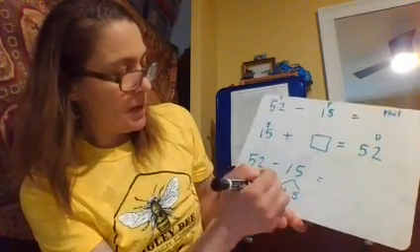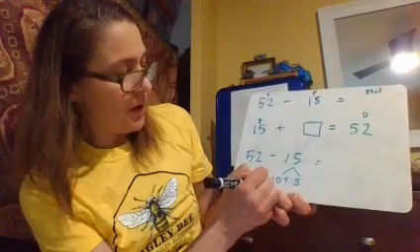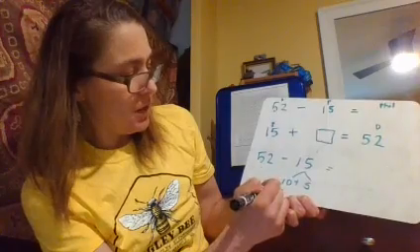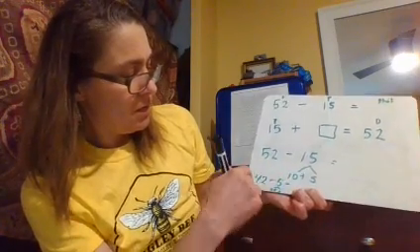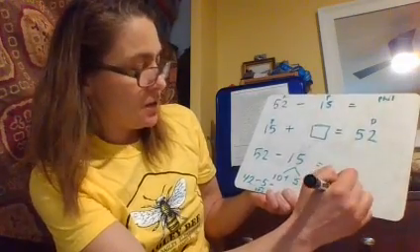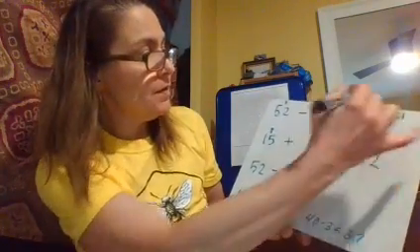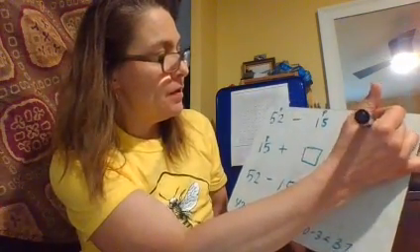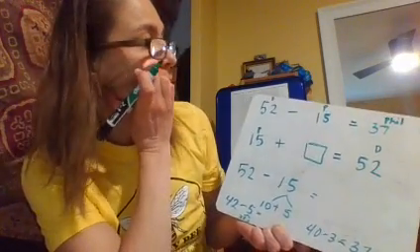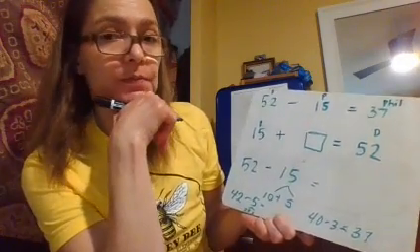Okay, and I would minus the 10 first, and that would give me 42, and then I would minus the 5, and that would give me 40 minus 2, break apart the numbers again, equals 40, and then I still got a minus 3, and that would equal 37. So my answer would be 37. Farmer Phil has 37 chickens, which is 15 less than Farmer Davis.